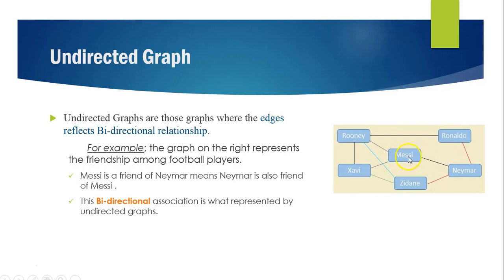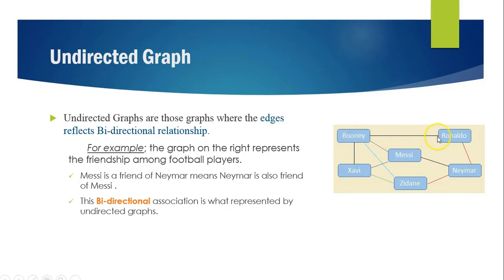If we see this image here, it says Rooney is a friend of Xavi, and Rooney is a friend of Messi, Zidane and Ronaldo. So here, if Rooney is a friend of Xavi, it means Xavi is also a friend of Rooney. So it's a bidirectional association.